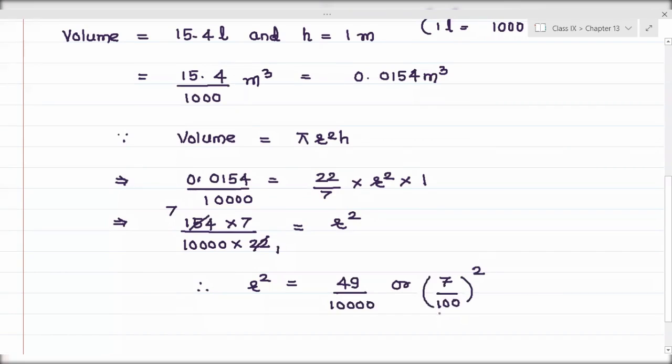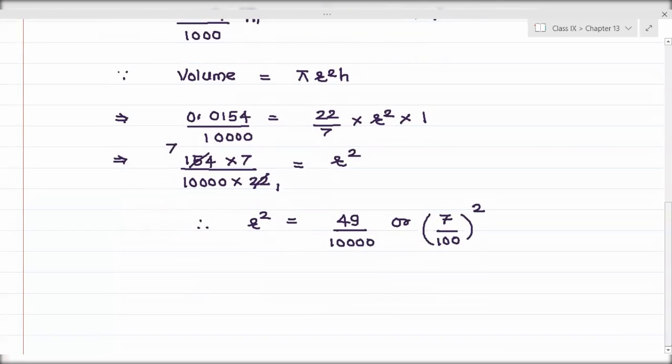Okay, because 7 square is 49 and square of 100 is also 10,000. Now square and square, if I cancel, so the value of r will be equal to 7 upon 100, or else we can say 0.07 meter. So this is the value of r we got now.